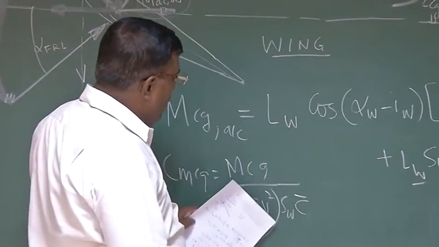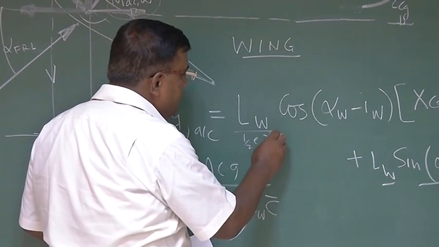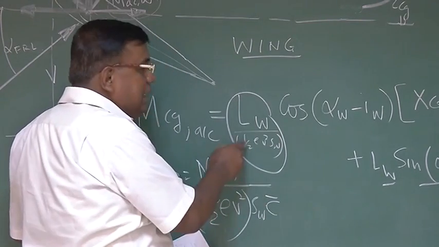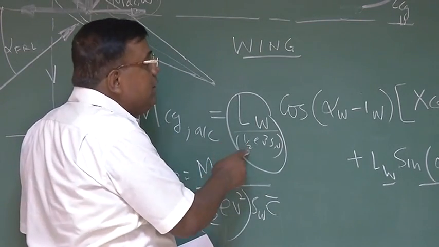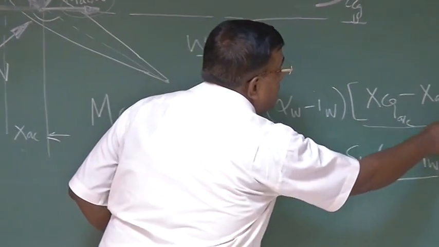This will be equal to what? See, half rho V square S W will come here. So this will become CL wing by definition. Then this C bar, which is left, that will come under this.